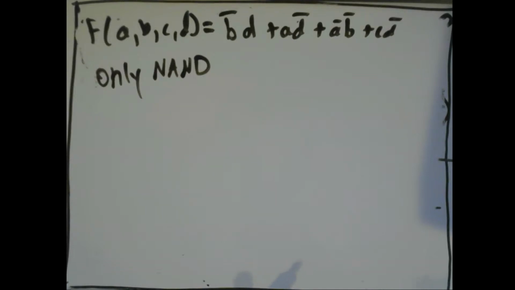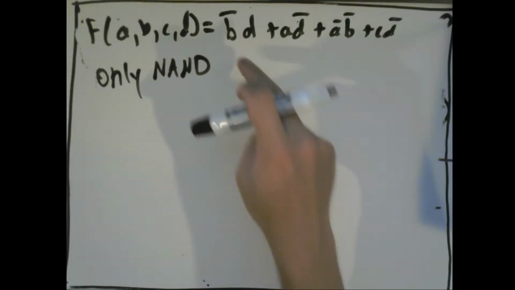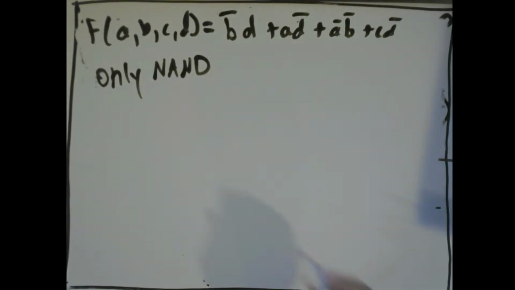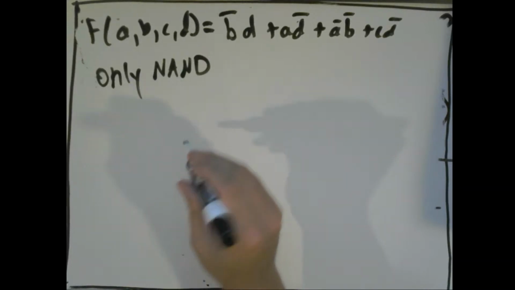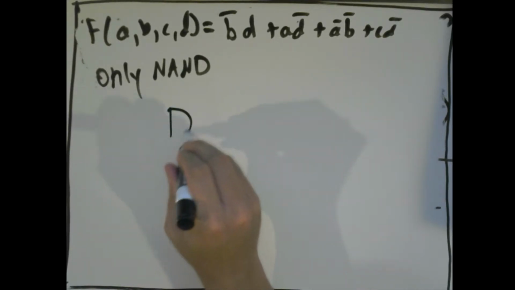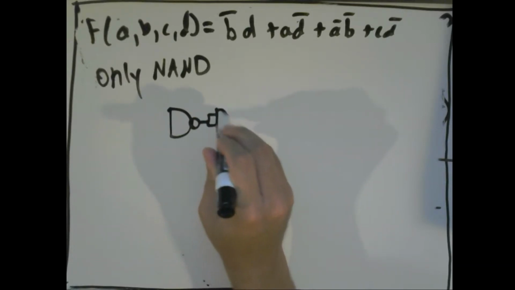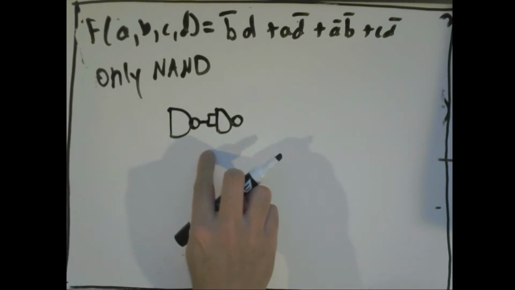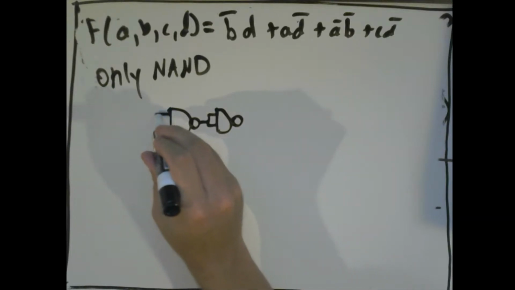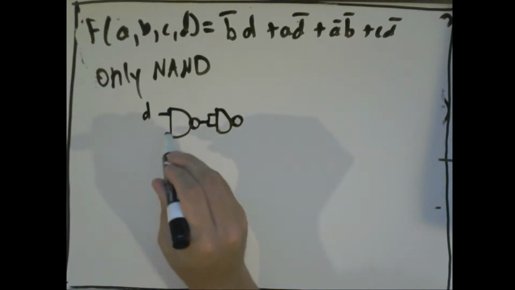So let's convert this to NAND. What we can do is do this graphically. We have an AND gate right here, and we know I can make an AND gate using NANDs by taking a regular NAND gate and putting our NAND inverter after it. So this is like an AND. What's going into it is D, and we have B inverted.